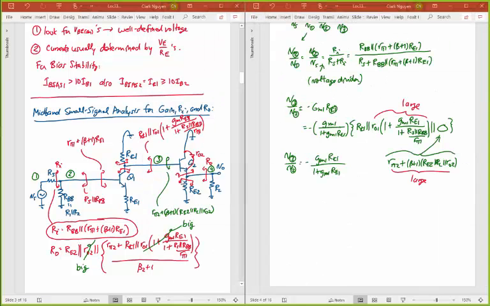And so in this thing, I sort of can see that. If I look out this way, I'm going to see RL, I'm going to see RE2. I also see this R02 there.